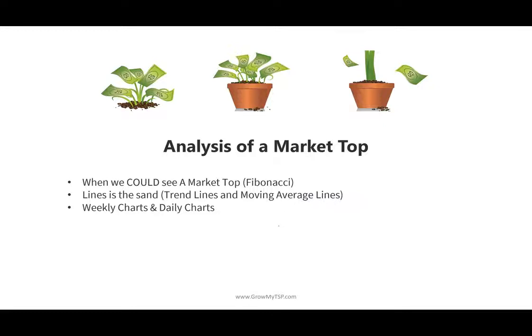And sometimes you can see things on the daily charts that you can't see on the weekly charts, and vice versa. So we're going to look at a couple of different very well-known market tops and how they looked on a daily basis and how they looked on a weekly basis, and where the moving average and trend lines really came into play.